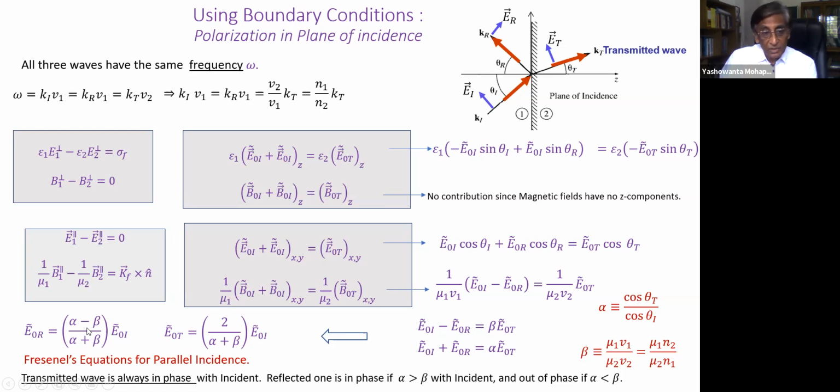But if alpha is less than beta, then it flips by 180 degrees. That's out of phase, it is minus. It comes out of these Fresnel equations directly. But EOT and EOI, the transmitted wave and incident wave, are always in phase, because this is always a positive quantity.